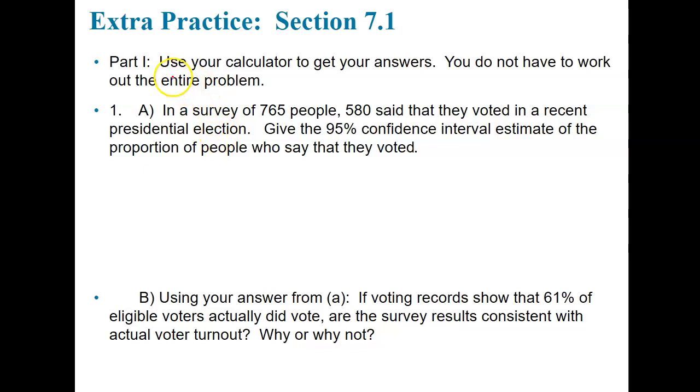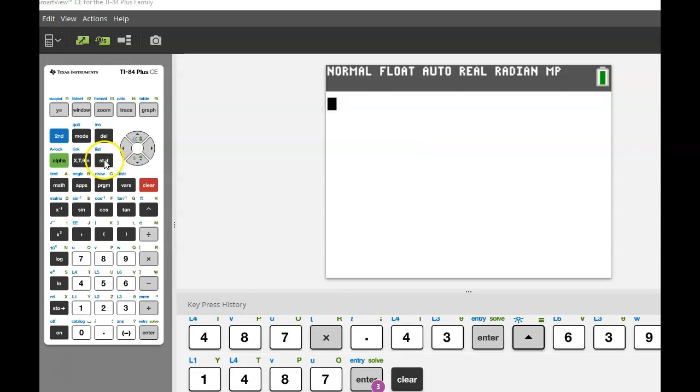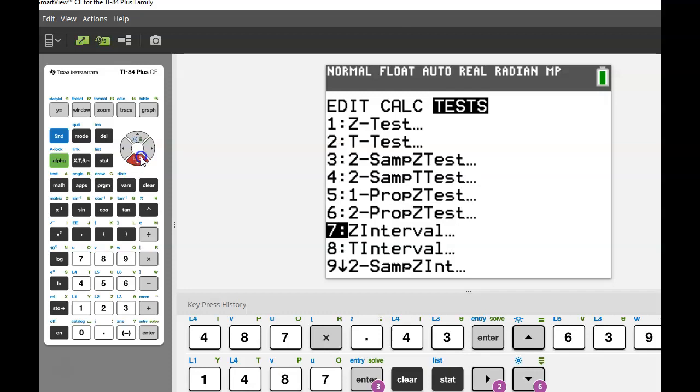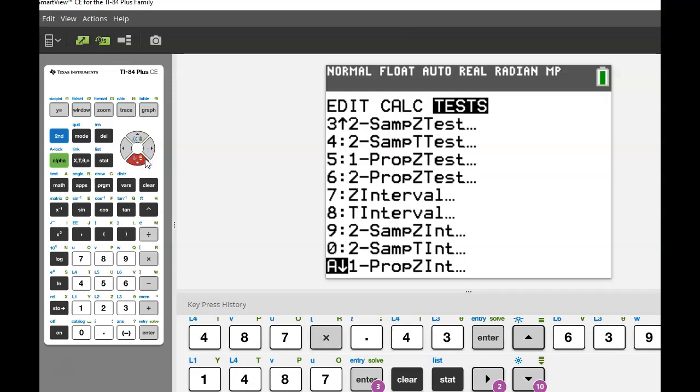So in this one, since it's only asking for you to use your calculator, you just need to identify the important information. Your sample size is going to be N. This is going to be your X, and then there's your confidence level. So I'm going to hop over to the calculator and finish this problem. Okay, so we're going to go to Stat, over to Test, down to 1 proportion Z interval.